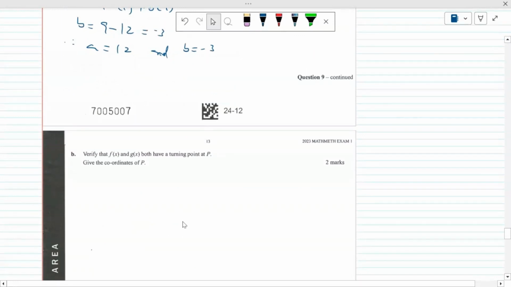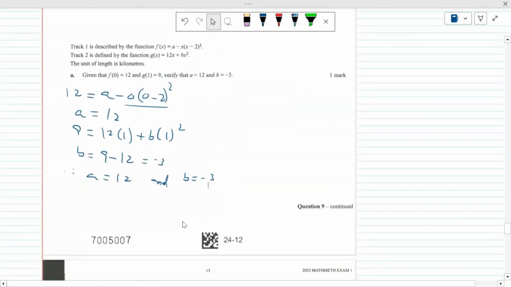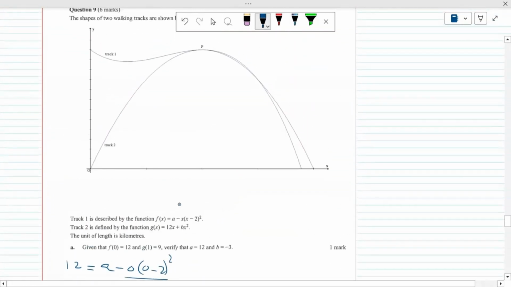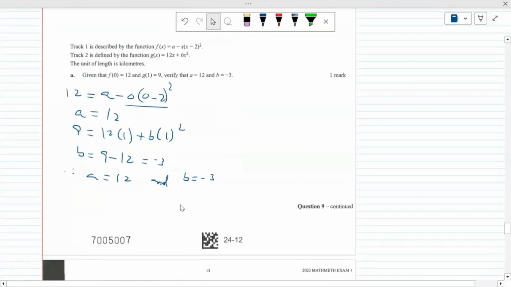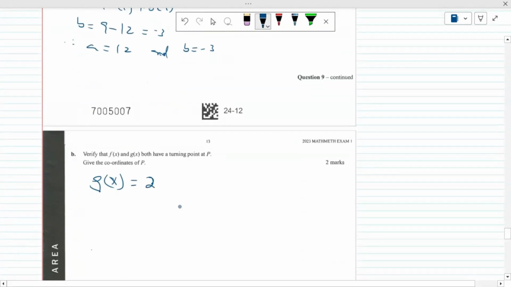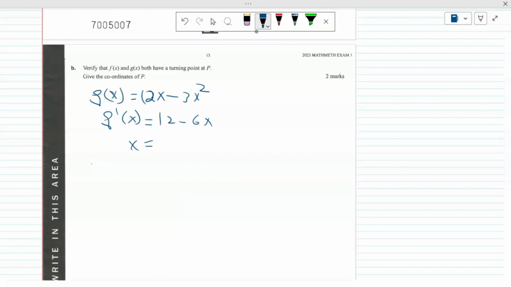Verify f of x and g of x both have a turning point at point B. So this is the turning point. So g of x, the value of x is 2.